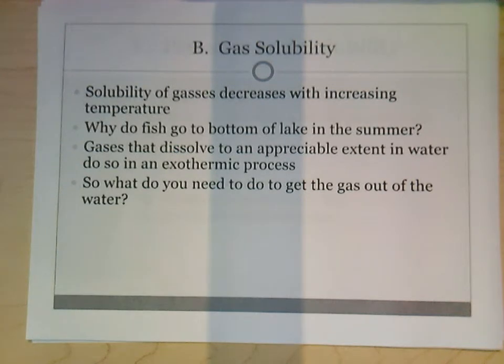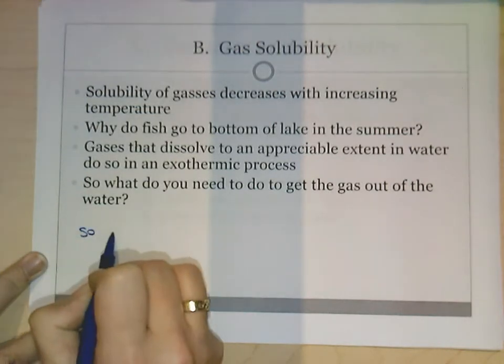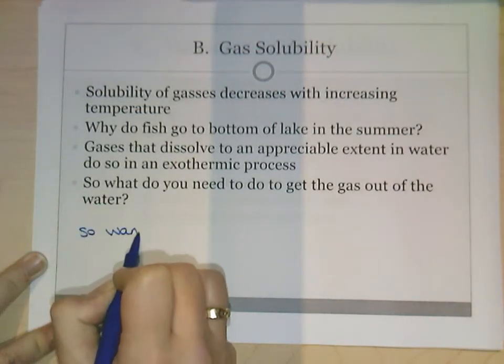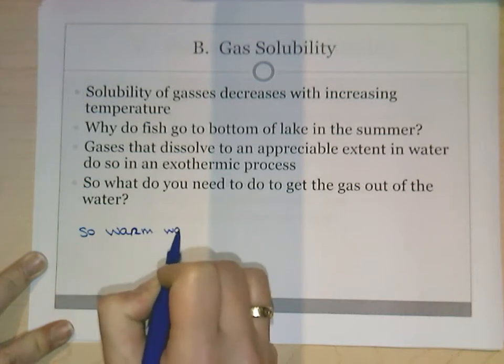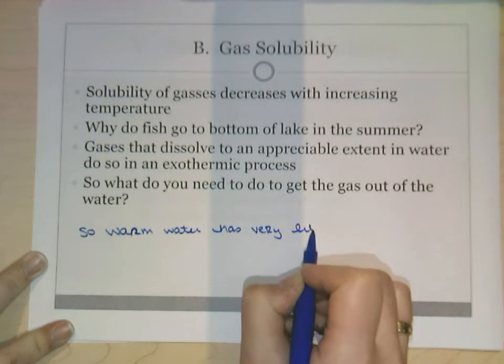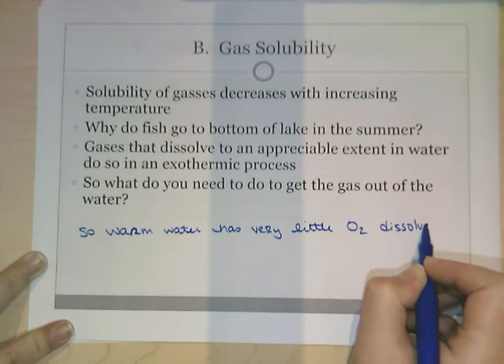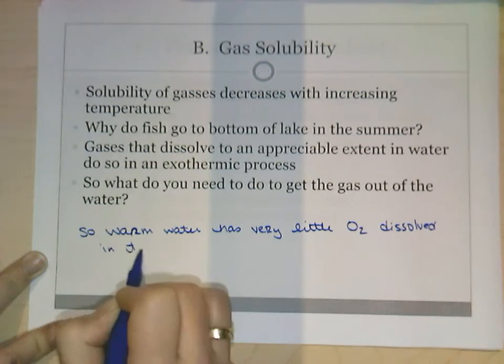So gas solubility makes a big difference to fish and to those people who drink soda. It's a big deal, gas solubility. All right, so warm water has very little oxygen dissolved in it.